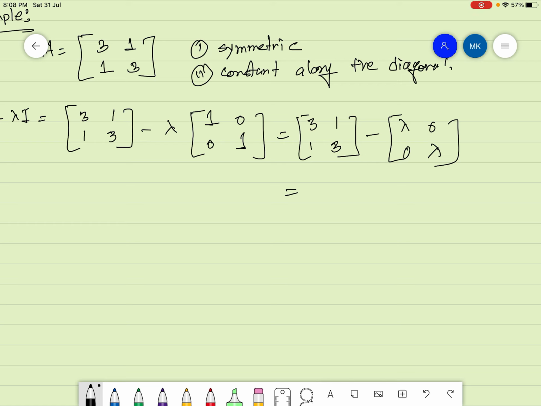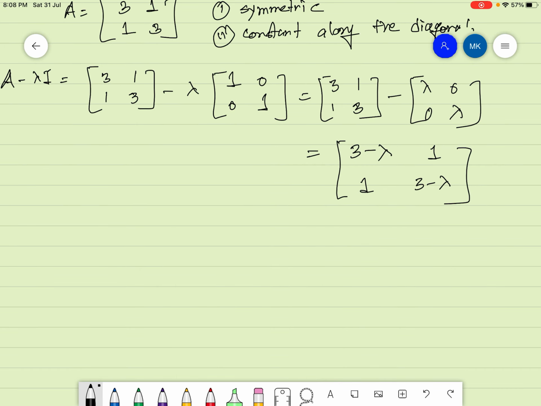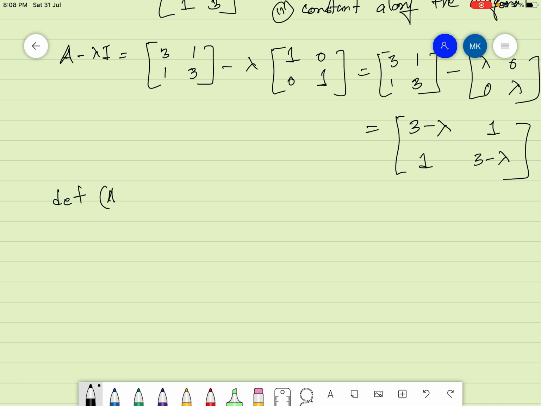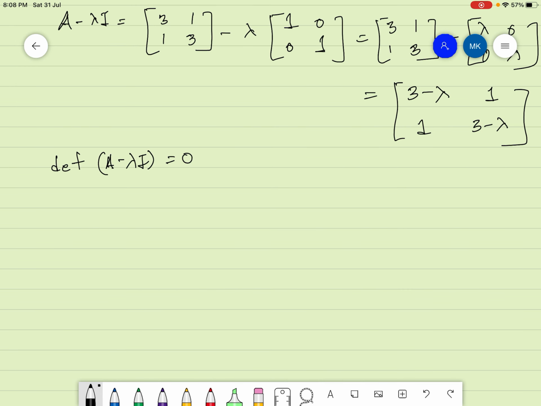So it should be [3 minus lambda, 1; 1, 3 minus lambda]. As I said, the determinant of A minus lambda I should be 0. So if I rewrite this into determinant form, it should be |3 minus lambda, 1; 1, 3 minus lambda| equals 0, and from this we get this.